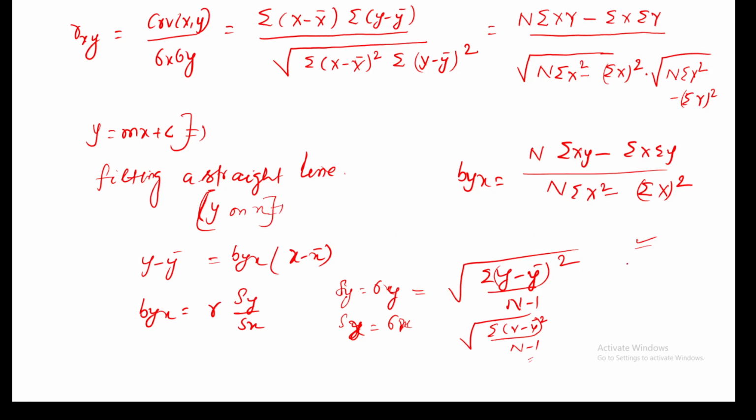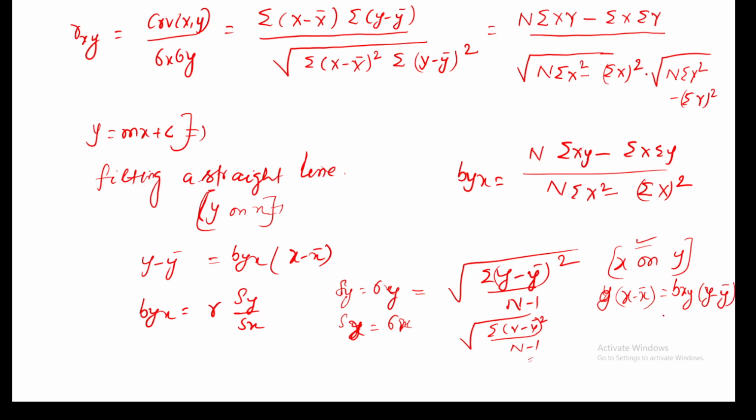If they specifically say x on y, then instead of y minus y bar it will be x minus x bar, and byx will not be there, bxy will be there, into y minus y bar.